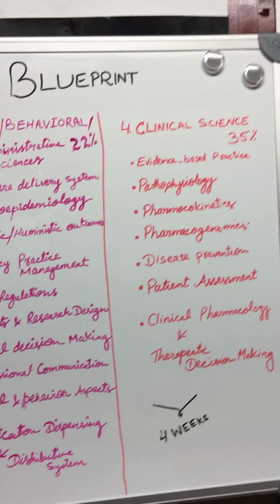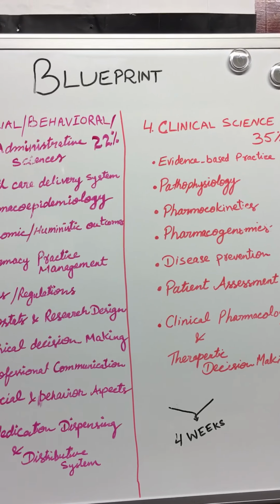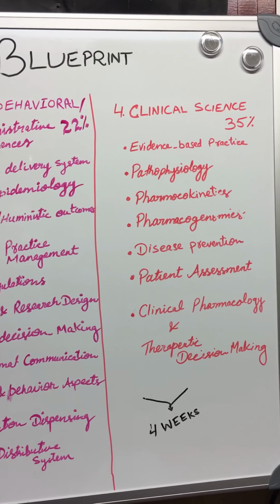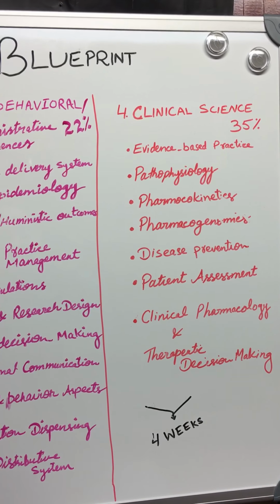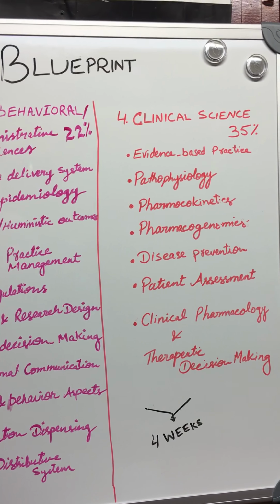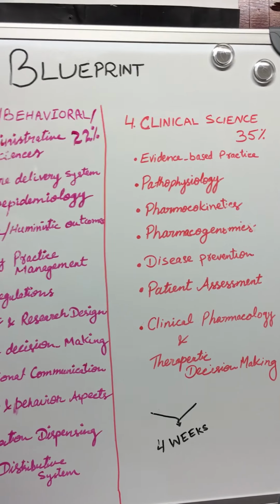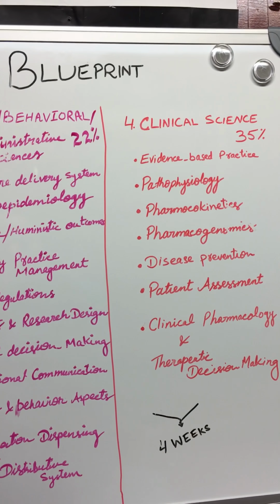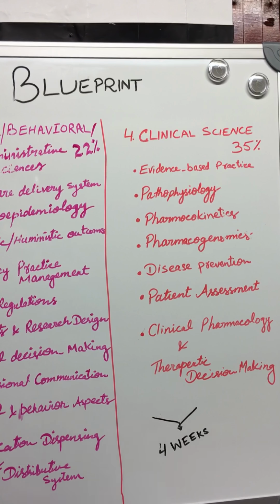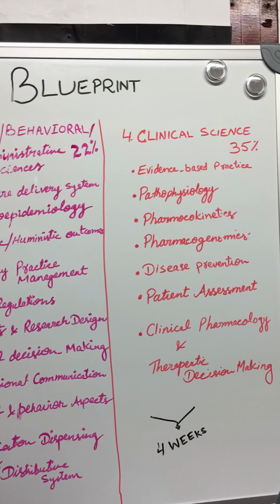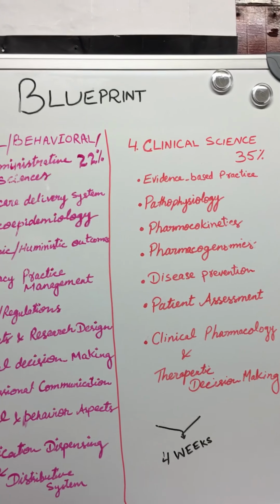Pathophysiology, pharmacokinetics, disease prevention, patient assessment. I mean, everything in this area needs your attention. It needs your time. If you have to spend more than 4 weeks in this area, I wouldn't mind that. You need to master clinical sciences. So give it like 5 weeks, 6 weeks, no matter how much time it takes, but get ready for this area.